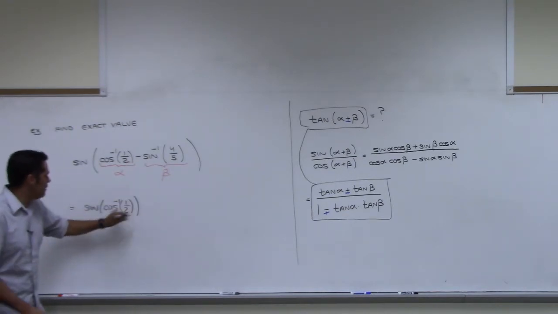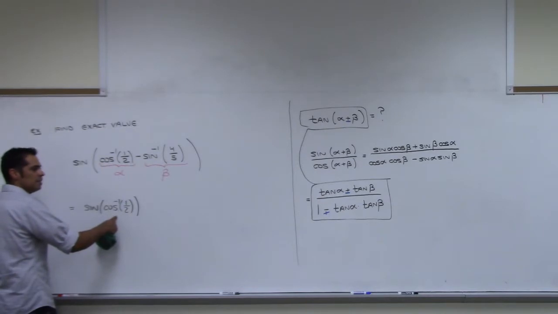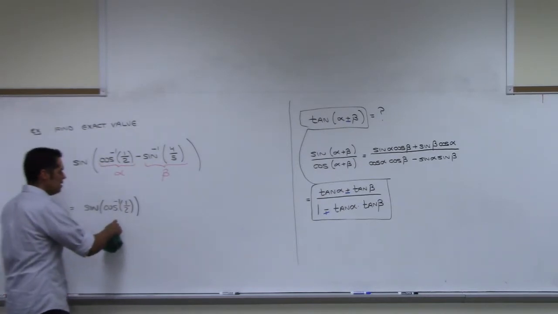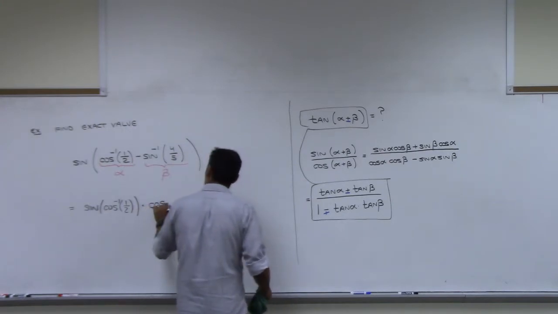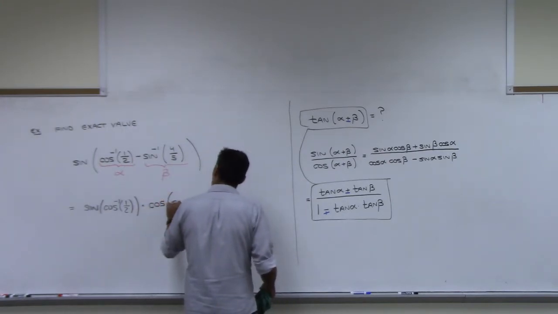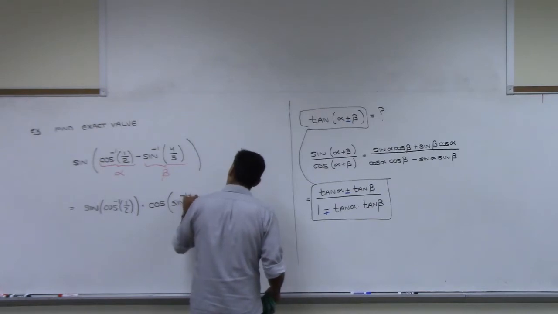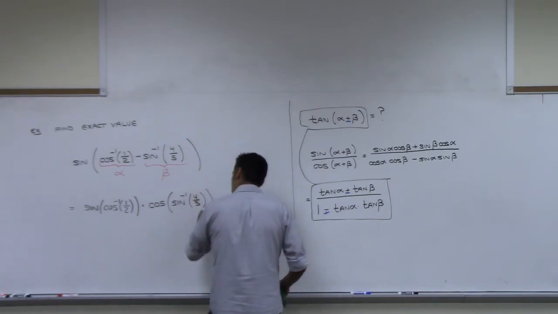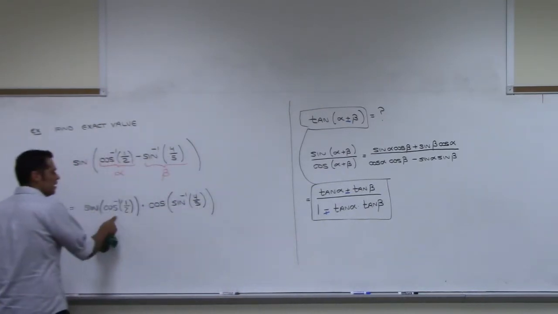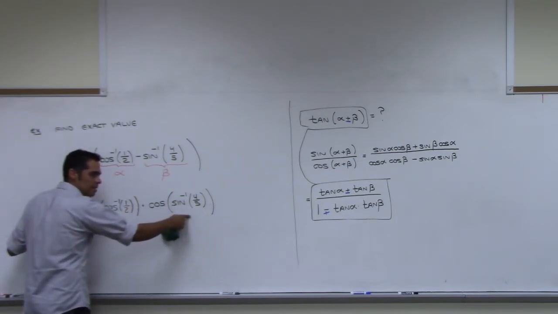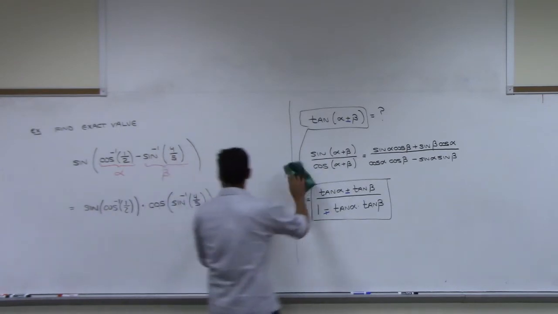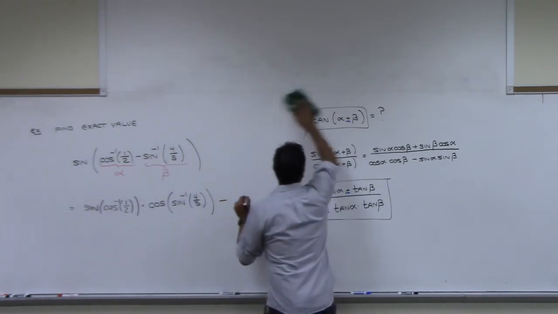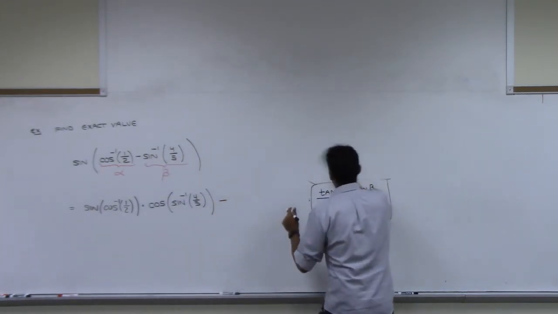That's sine alpha, times cosine beta. So times cosine of beta, but beta is really arc sine of 4/5. Okay, so I have sine alpha cosine beta, then minus sine beta.